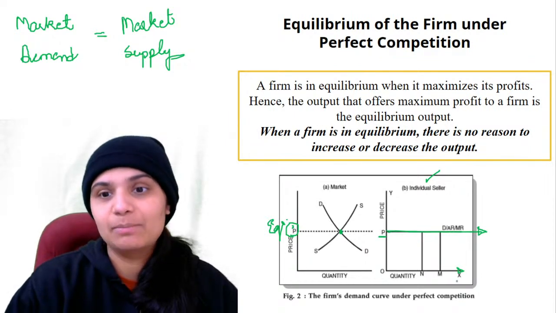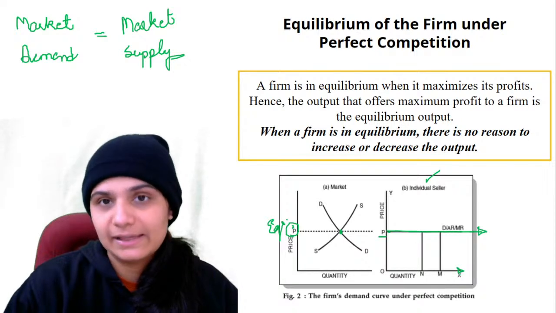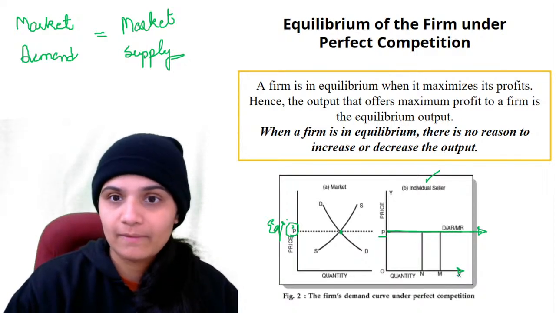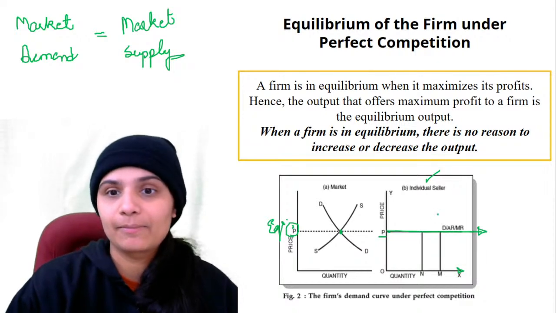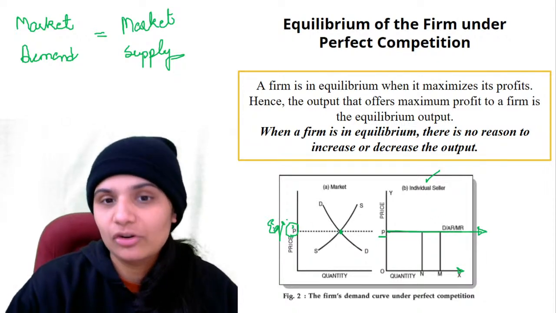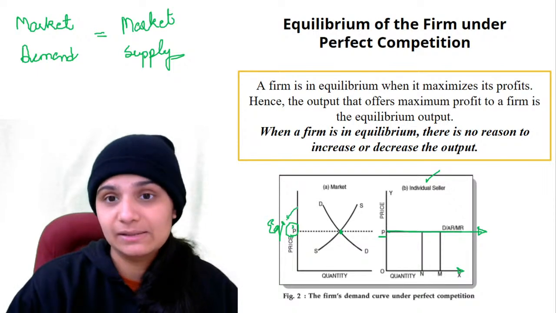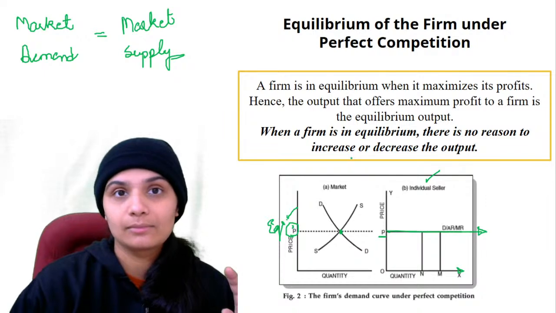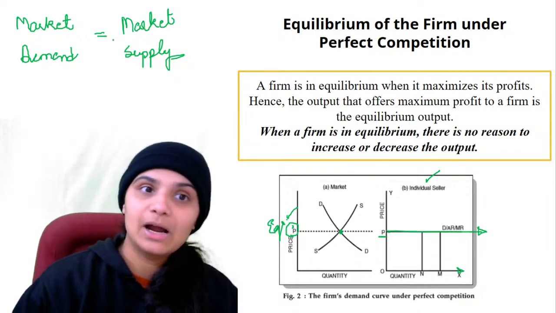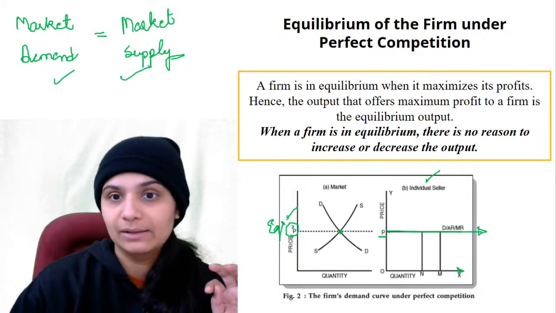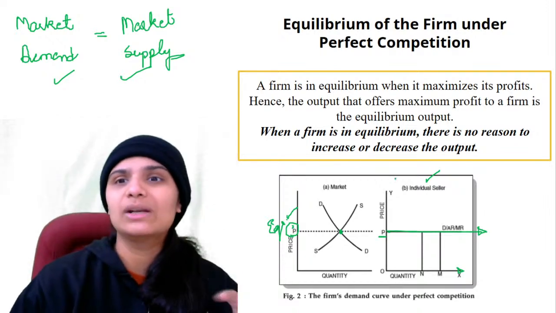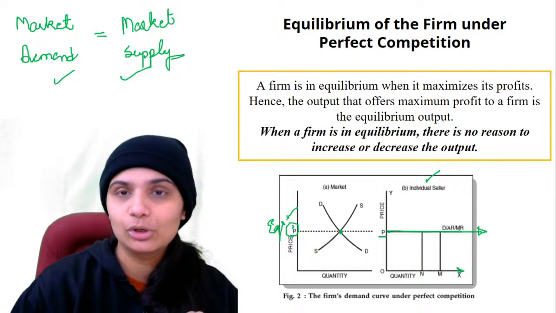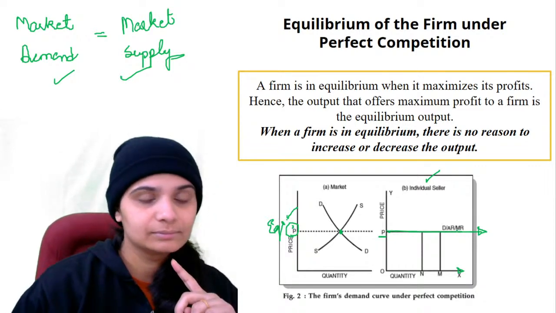A horizontal straight line parallel to your x-axis. Are we clear with this? Because the market has already found the price where the profits are going to be maximum, where demand equals your supply. So the individual sellers don't have any reason to change this scenario altogether.